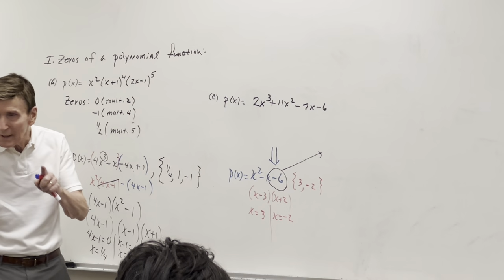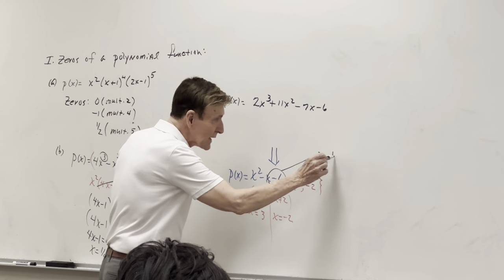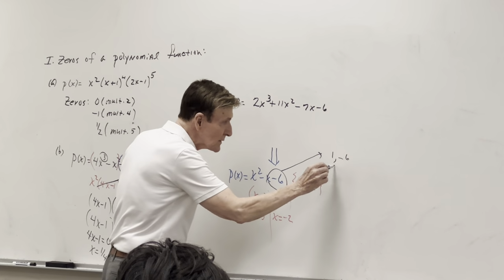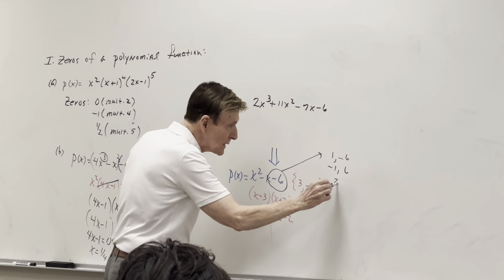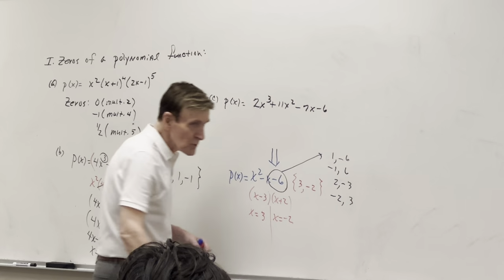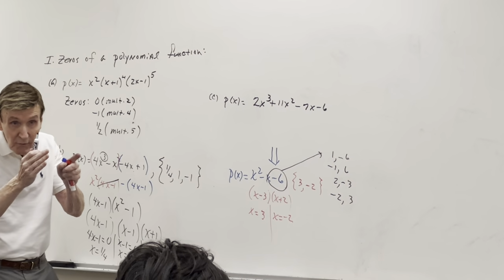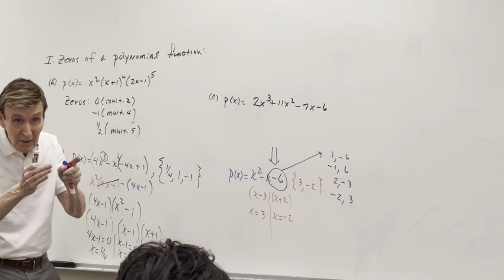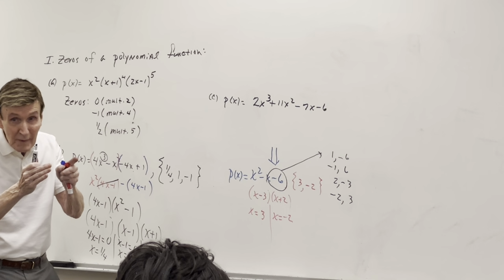What times what will give me a -6? He listed them like this: this is one pair, this is another pair. Those are all the pairs of numbers you multiply together to give you a -6. This guy was clever. That was what was happening.